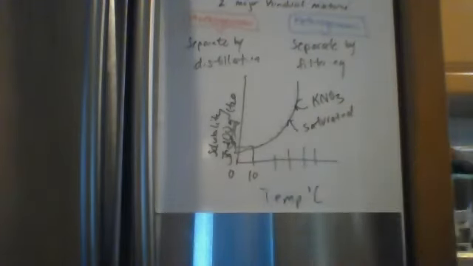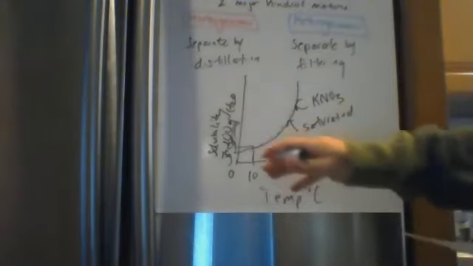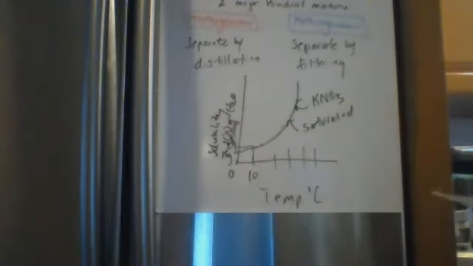So if, for example, at 10 degrees Celsius, if I only put 15 grams of KNO3 in there, it will not be saturated because it can hold a total of 25 grams. So I can add an additional 10 grams of KNO3 until I get to that 25-gram point.